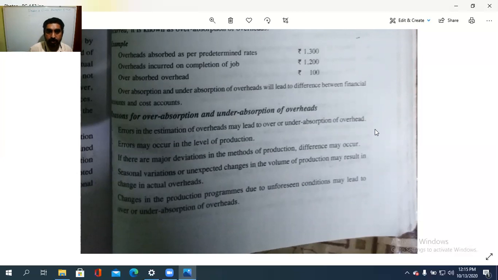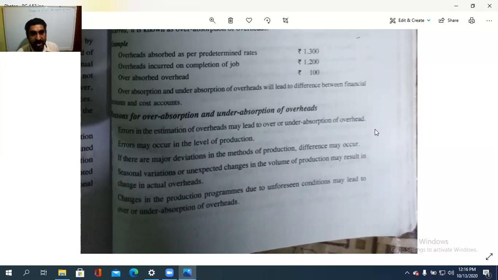Then why, or what are the reasons with regard to such over or under absorption of overhead? Errors in estimation of the overhead may lead to over or under absorption of overhead. Estimation കൊടുക്കുന്നത് അതുവഴി വരുന്ന തെറ്റുകൾ. Errors may occur in level of production. ഉൽപാദന പ്രക്രിയയിൽ ഉണ്ടാകുന്ന തെറ്റുകുറ്റങ്ങൾ. Then if there are major deviations in the method of production, that may cause differences as well.